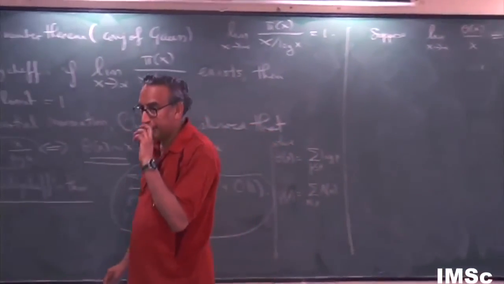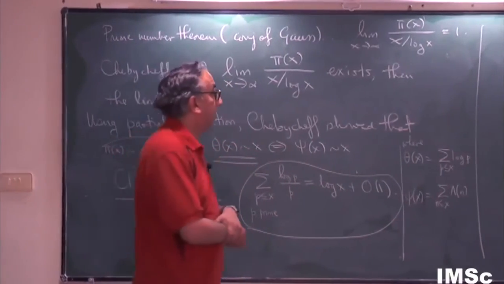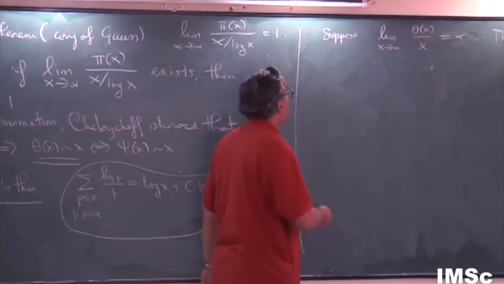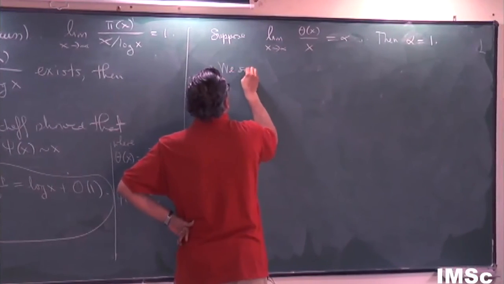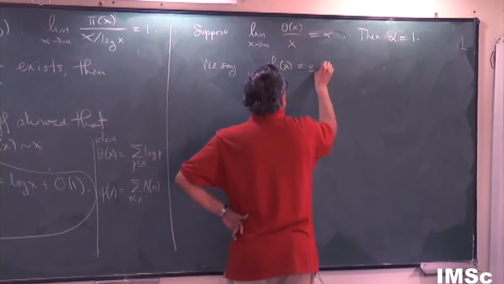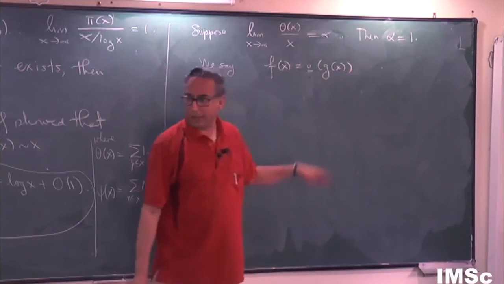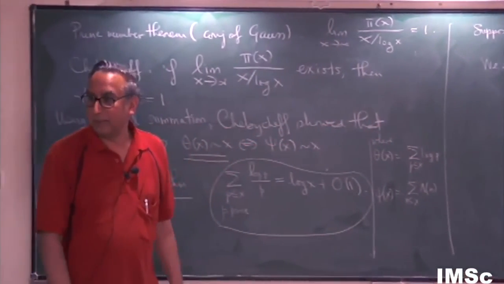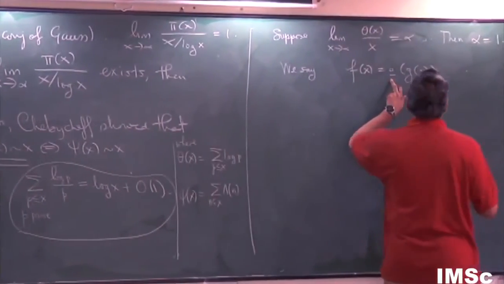Last time I introduced the big O notation, which was very convenient for calculations. This time I'm going to introduce little o notation. We say f of x equals little o of g of x. I put a dash under the o because sometimes people make o's big and that would be confusing. So when I put a little dash, at least I know I'm talking about little o.